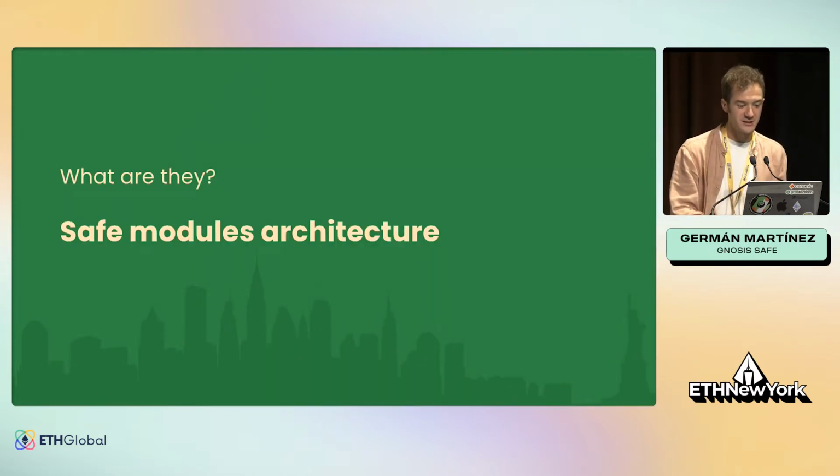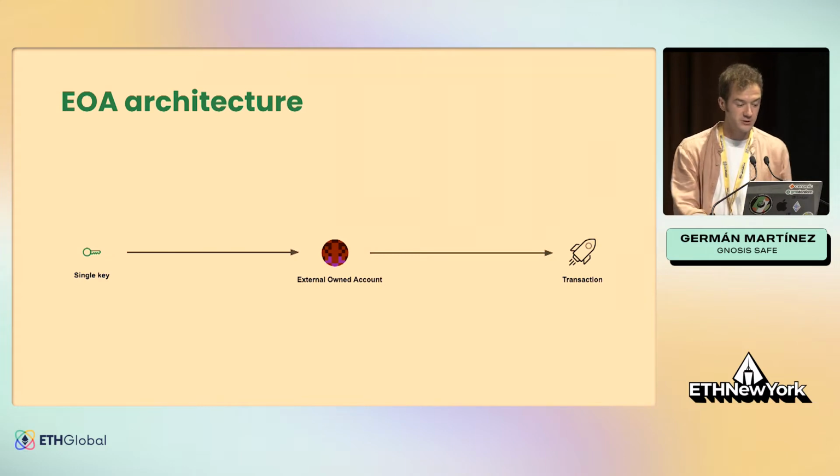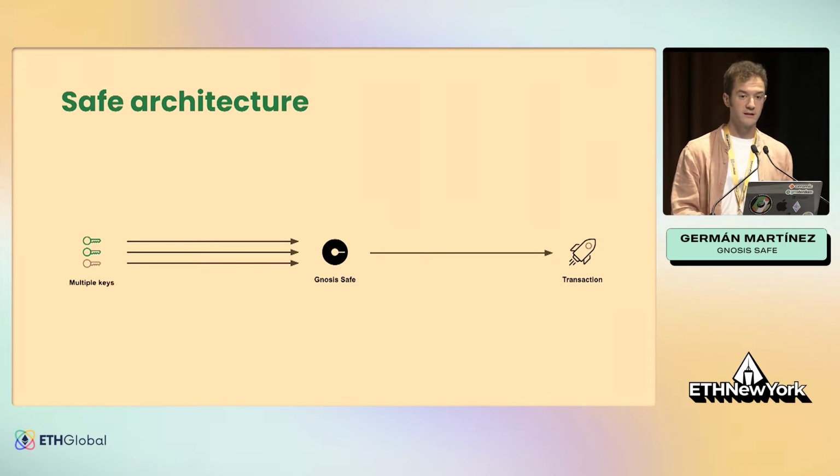Safe modules architecture. If we talk about externally owned accounts, we see that the architecture is simple. We have a private key and a public key, and the private key needs to sign every transaction in order to execute it. However, with Safe, because it is a smart contract and a multi-signature wallet, we need to define a list of signers, and with their private keys, they need to sign every transaction.